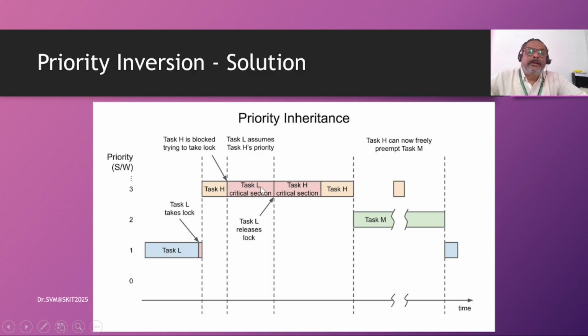Then here we had a critical section of priority 1, but because of the requirement of the resource by the priority 3 task, this priority is elevated to 3, and task L is allowed to complete, and then task H gets into its critical section. Till then the task M has to wait. So in this, if you just look at it, whichever is executing is always at the higher level.